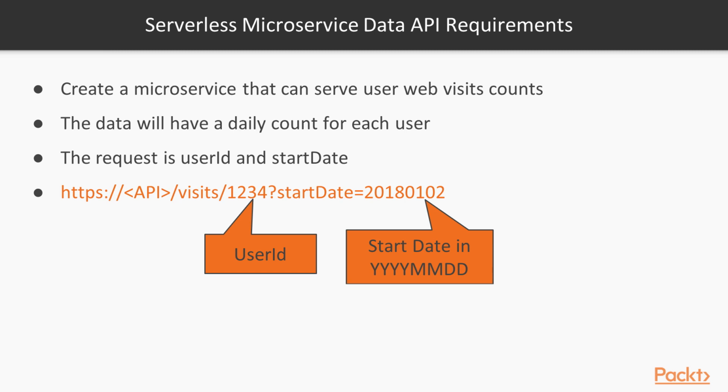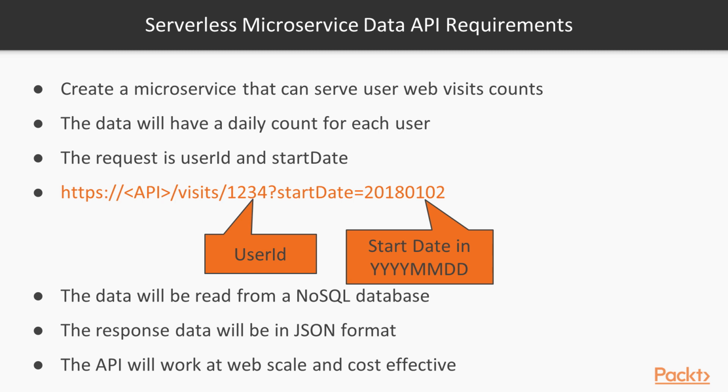So you can see that we have a user ID, in this case 123, and a start date parameter formatted in the year, month, day format. In this case, it's 2018-01-02.